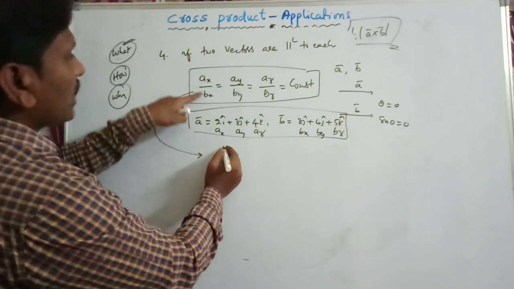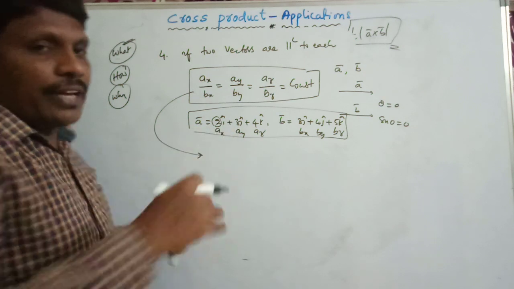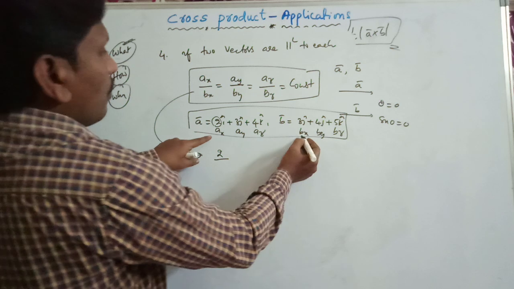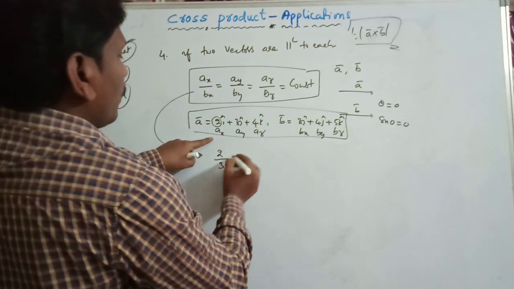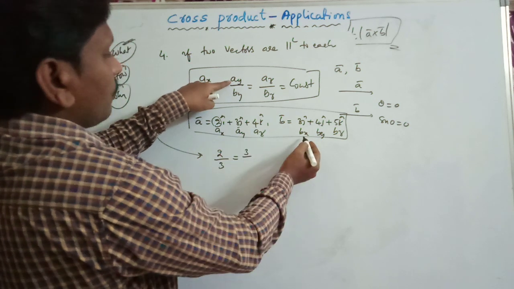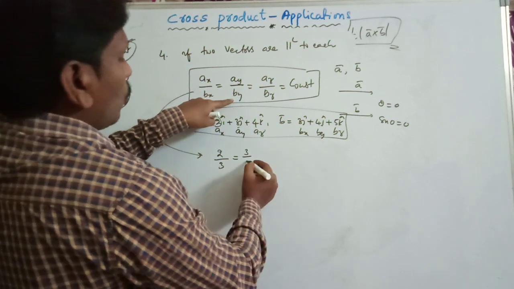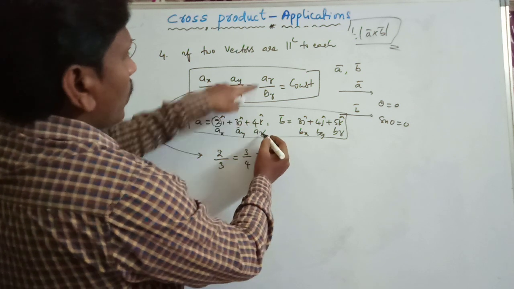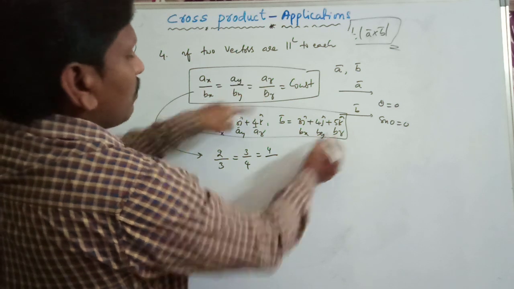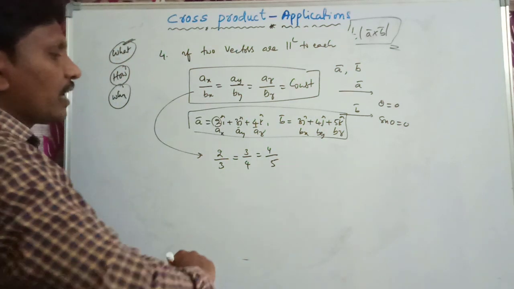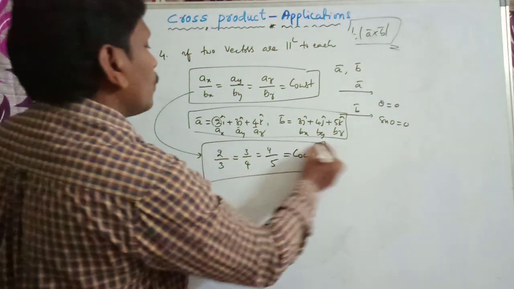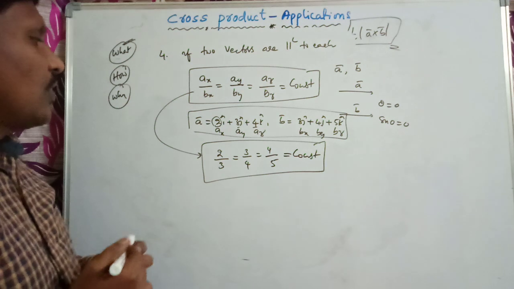Ax is only 2, we have to take only the magnitude or scalar quantity. 2 by 3 equal to ay, 3, by by, 4, equal to az, 4, by bz, 5. It must give a constant value.